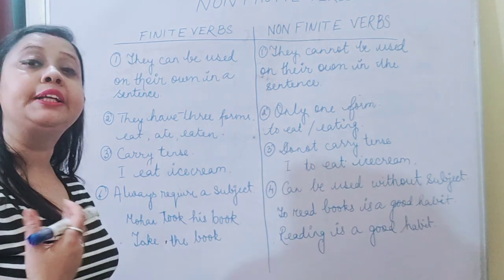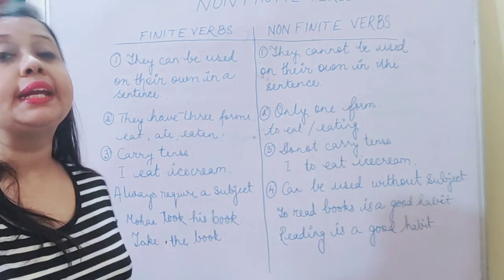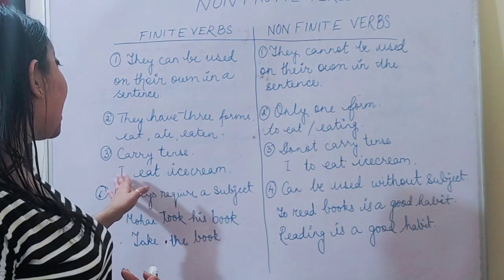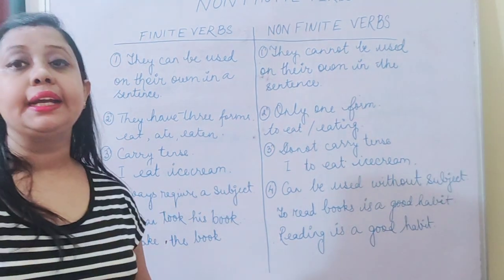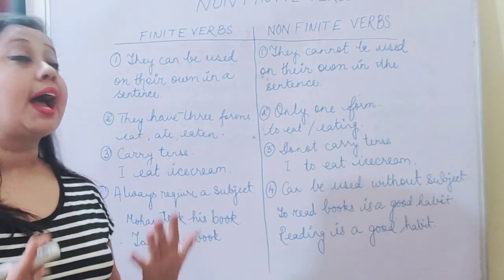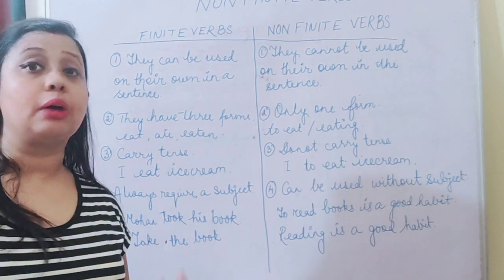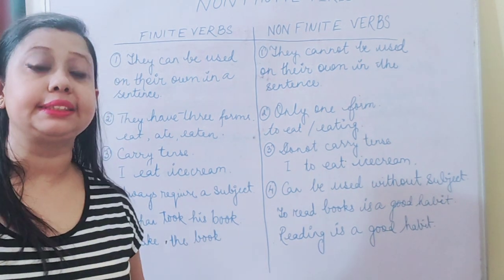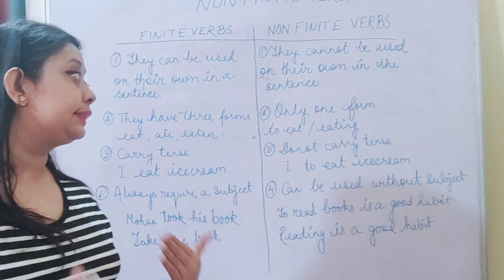That means by using finite verbs, we can understand the tense of the sentence, like I eat ice cream. In this sentence, I eat ice cream, it means that I'm talking about the simple present tense. I'm telling the sentence in simple present tense.